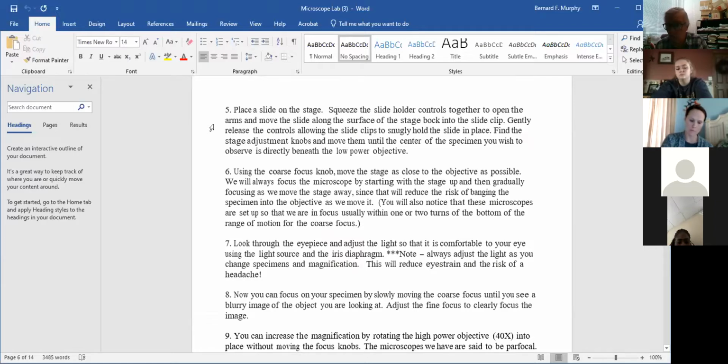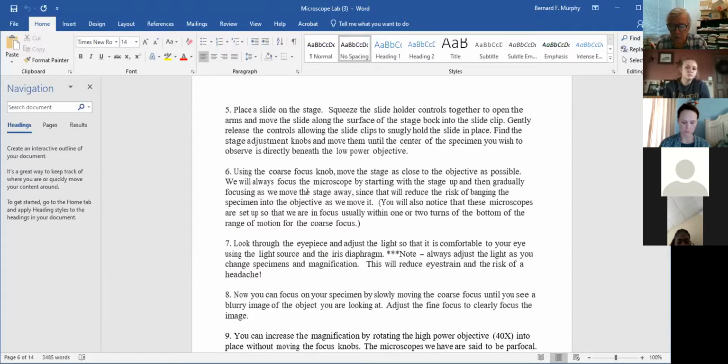Here are the same procedures that I already talked about: putting the slide on the stage, putting it in the slide holder, moving it to the middle of the beam of light. Oh, and not using the coarse focusing, but using the slide holder controls.